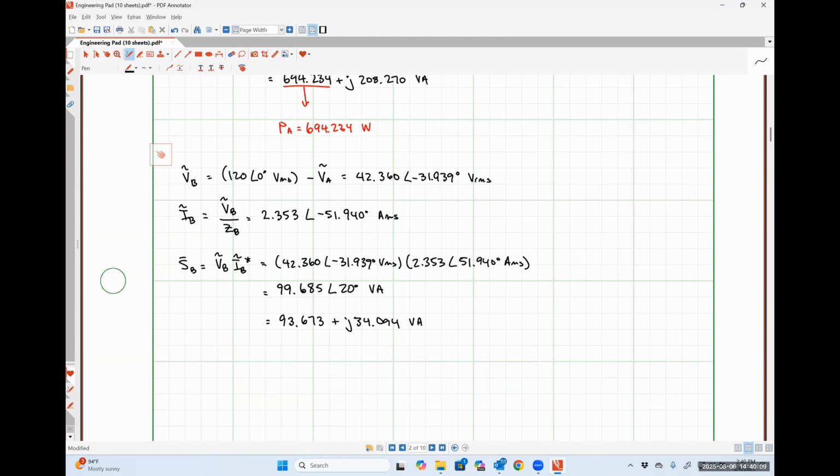So did anybody notice that the angle of our complex power is the exact same thing as the angle of our impedance, meaning that the angle of SB is 20 degrees and the angle of ZB is also 20 degrees? Anybody notice that?